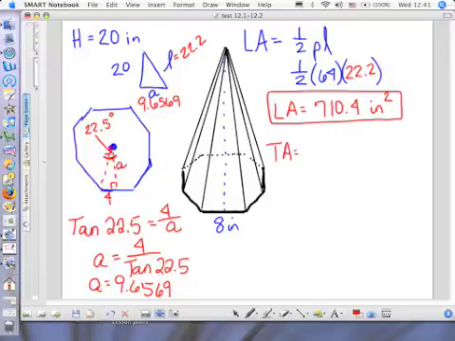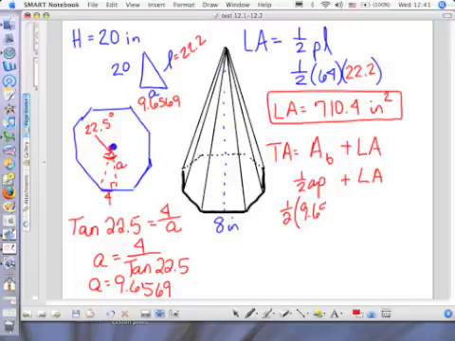The total area is the area of the base plus the lateral area. Okay, well my base is a polygon, so I need to know 1/2 AP plus lateral area. Well, guess what? I just found my apothem, so I don't have to find it again. So 1/2 my apothem times my perimeter, which I also have already calculated, plus my lateral area, which I've already calculated.